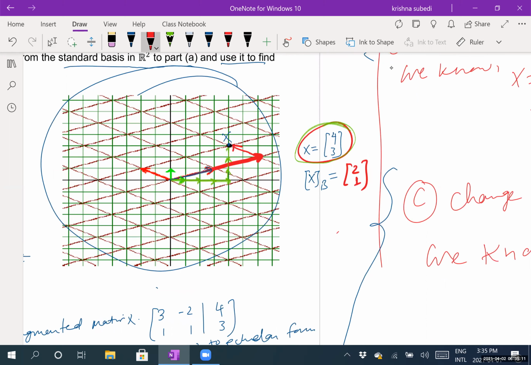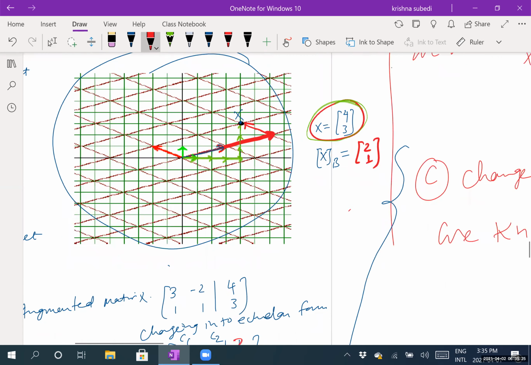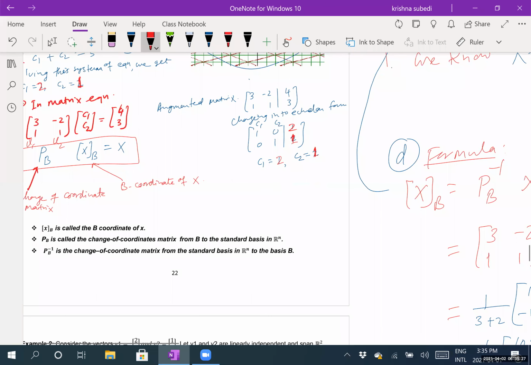So we can work with different kinds of coordinate systems, and we can change from one to another whenever we need it. That is one of the most important applications of this coordinate system.